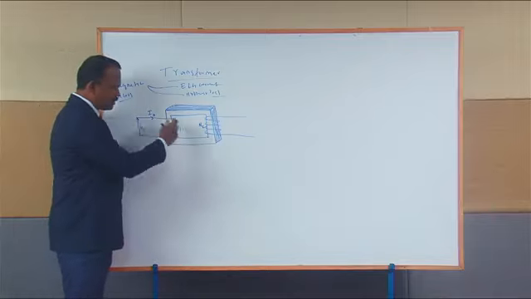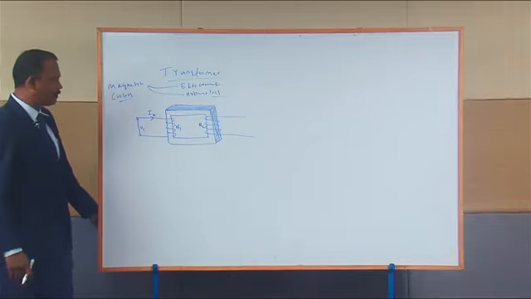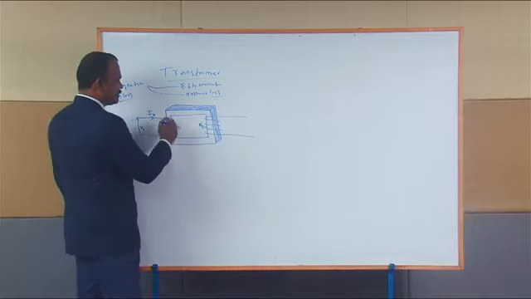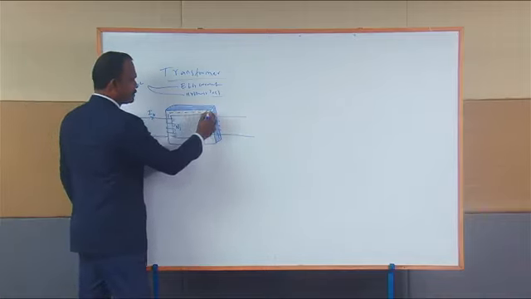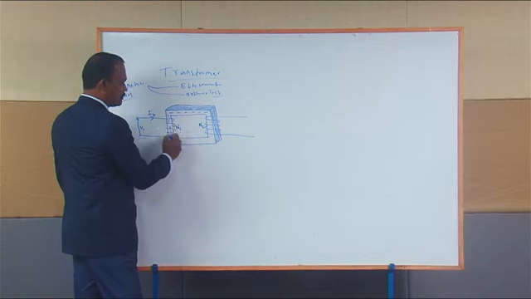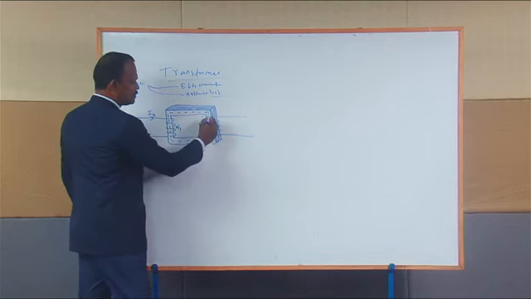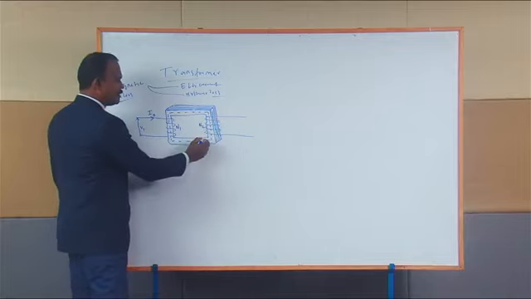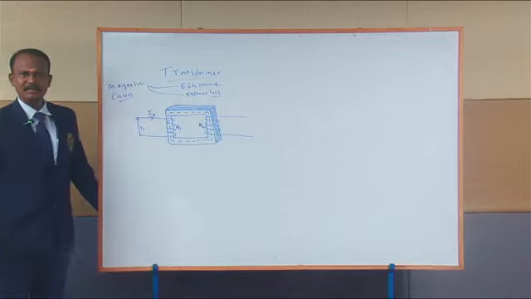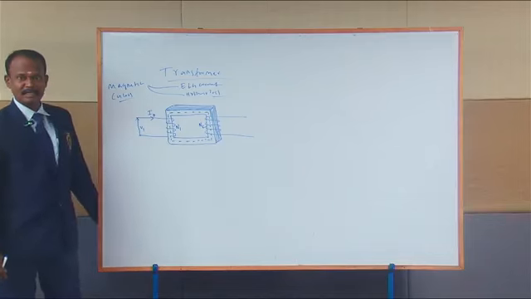When this current flows into the primary winding, it creates magnetic flux. This magnetic flux circulates through the magnetic core, and the flux lines are linked with the secondary winding.